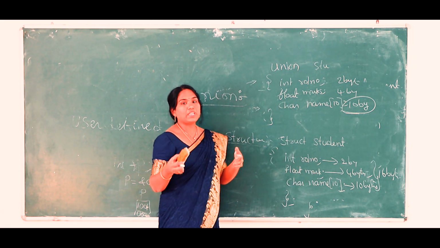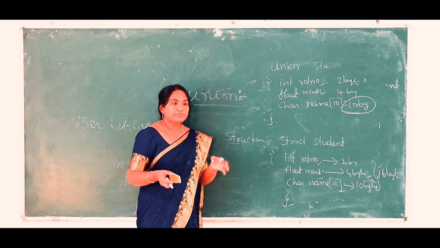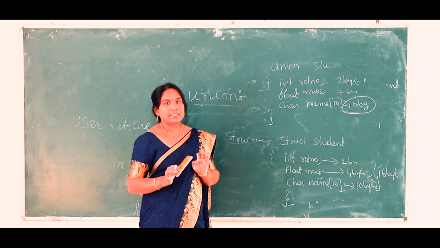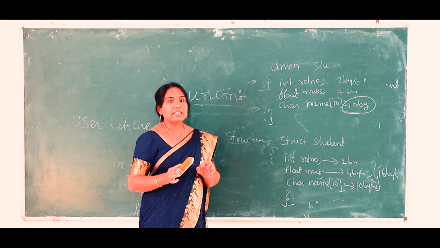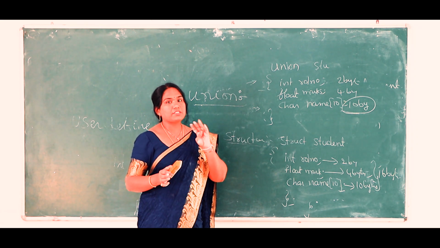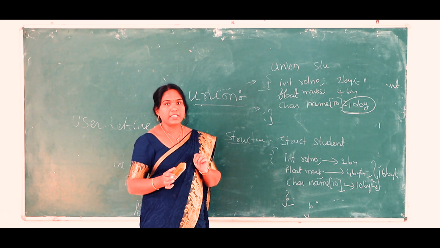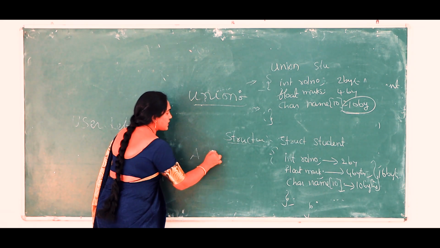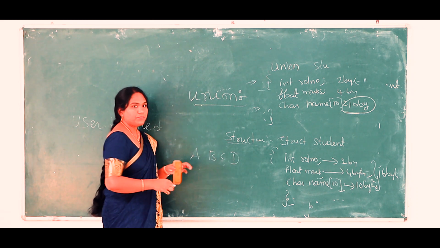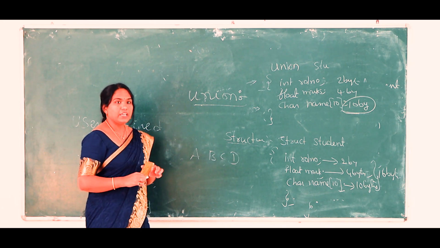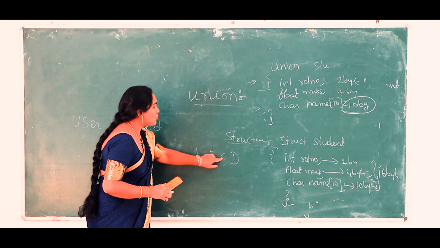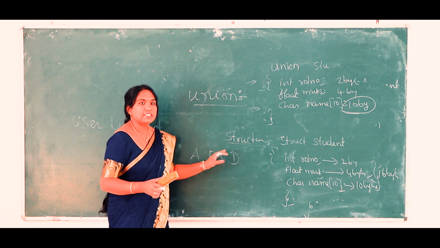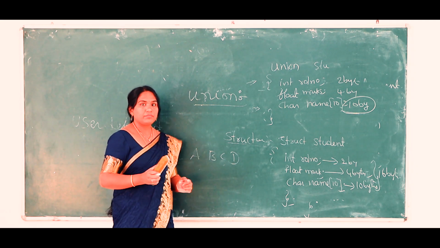What does union mean in human beings? For example, I arranged a bench in a class. That bench capacity is 4 members. I arranged the students A, B, C, D on that bench. Now it is called the structure, meaning each and every person has his own seat allotment.